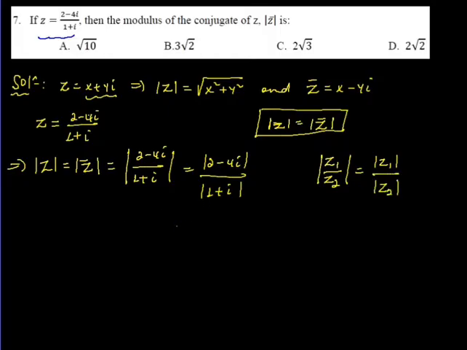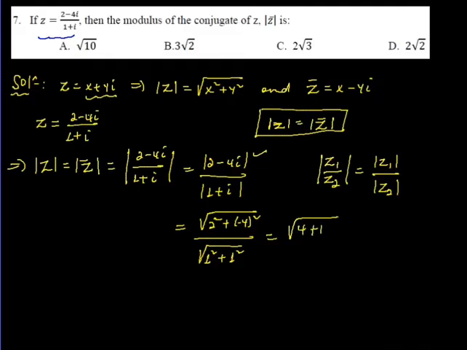So apply this. The modulus of the numerator becomes the square root of 2 squared plus minus 4 squared, over the modulus of 1 plus i, which means the square root of 1 squared plus 1 squared, which is the square root of 4 plus 16 over the square root of 2.